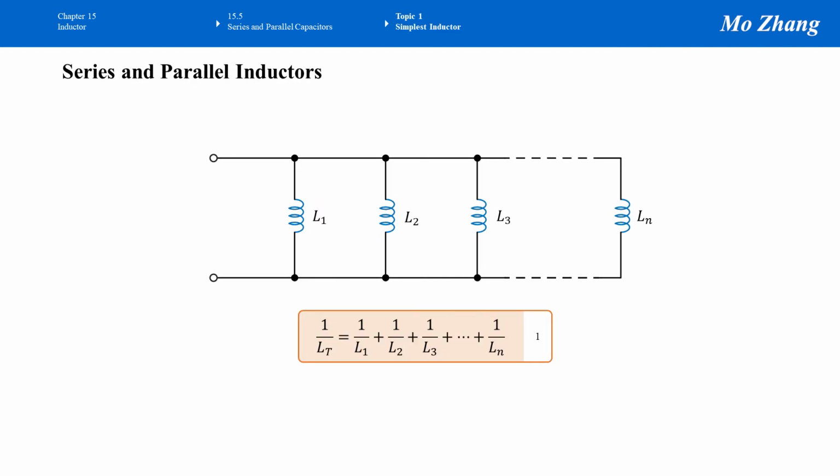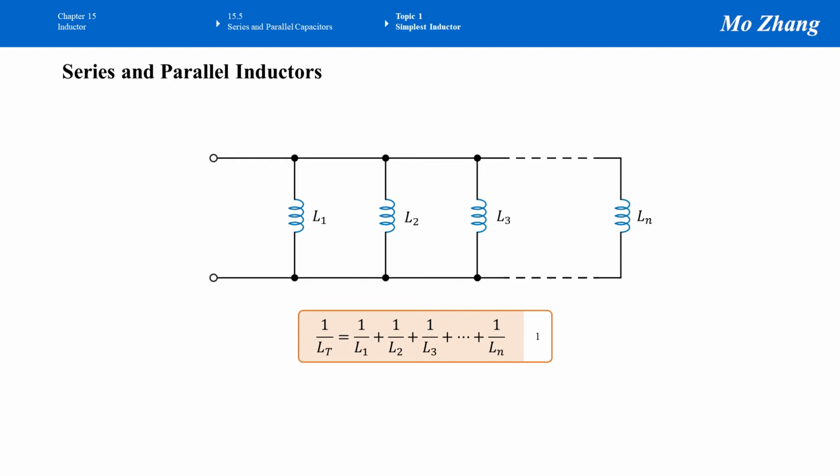This is how we connect inductors in parallel. As you can see, the way to connect inductors in parallel is the same as connecting resistors in parallel. This kind of connection is not new to us. It is easy peasy. In this schematic, the circuit looks like a ladder. The total inductance Lt can be calculated this way.